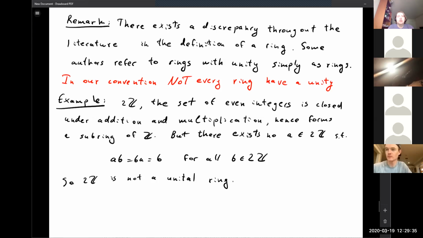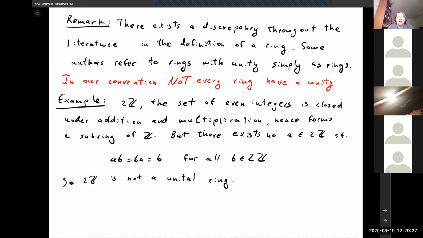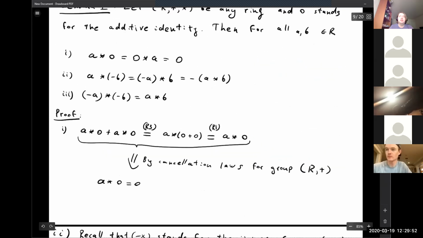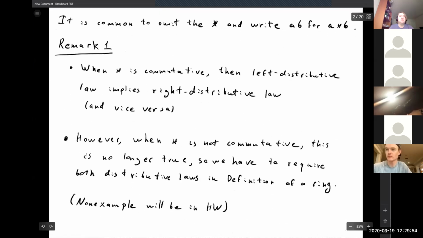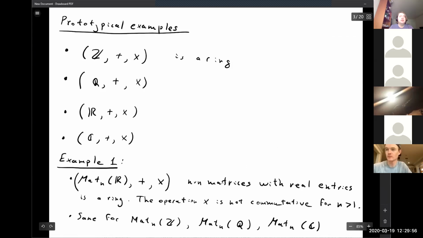So in a ring, we only require that R and plus together make a group. We don't require that R and star make a group. And in most cases this is not true. For example, if we look at the prototypical examples of a ring, none of them really form a group with respect to the operation star.